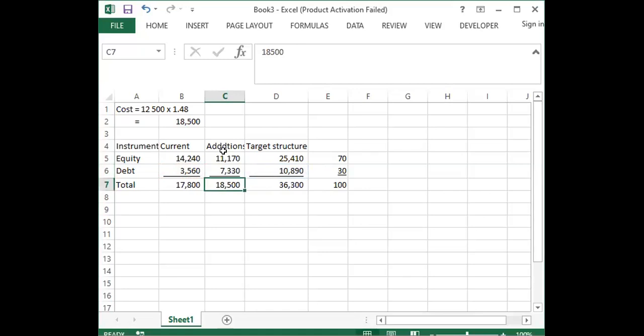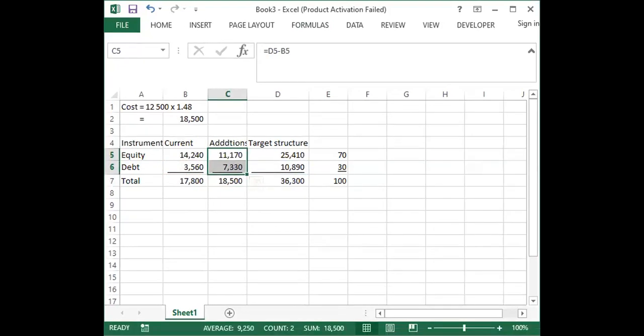If you add these two amounts, they should give you 18,500. So how is that 18,500 split between equity and debt? Split like that, because we want to arrive at this target capital structure.